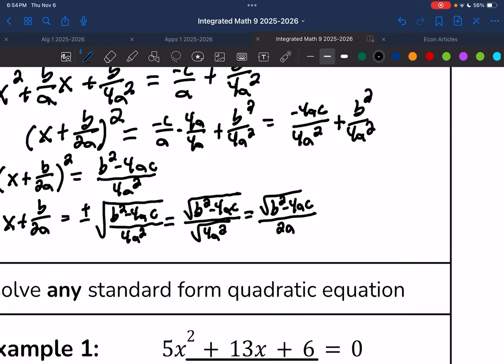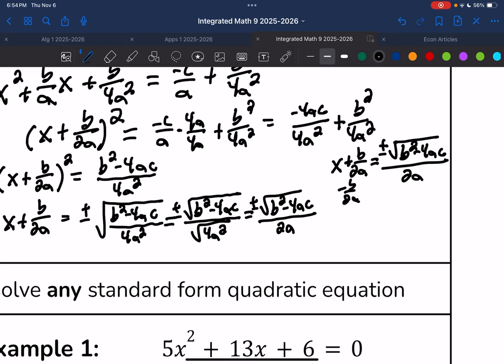So now I've transformed this equation to be, right, we still have this as our left side: x plus b over 2a is equal to plus or minus, which I lost my plus or minus along the way here, so let me add that. Plus or minus the square root of b squared minus 4ac all over 2a. I'm going to subtract b over 2a from both sides.